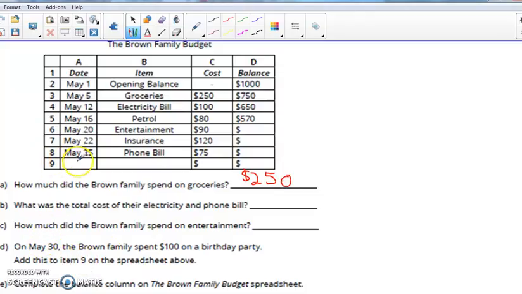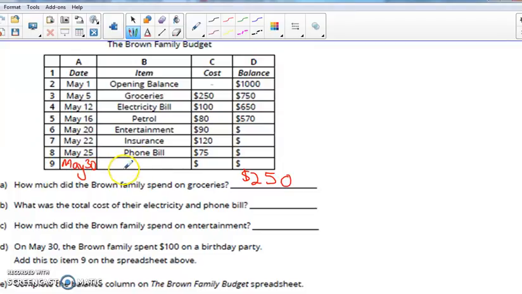On May 30, now what we didn't look at was the dates, and this is the dates that they paid their bill throughout the month of May. On May 30, the Brown family spent $100 on a birthday party. Add this to item 9 on the spreadsheet. So this is where you have to fill in the date, which is May 30.